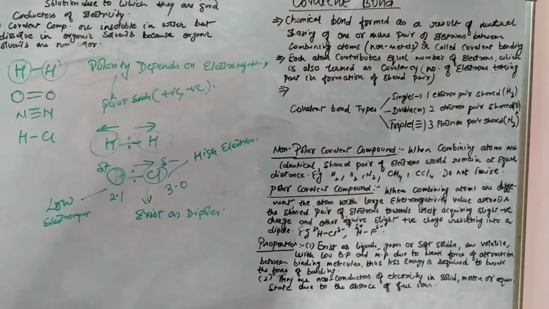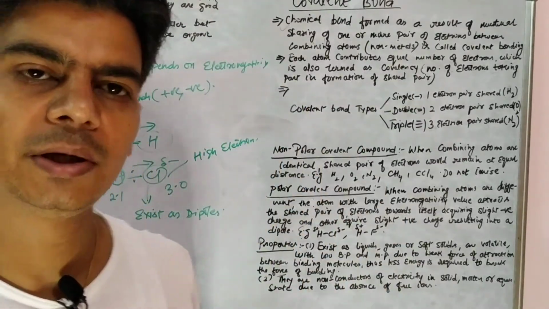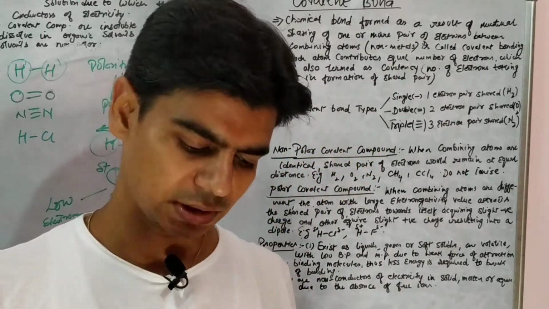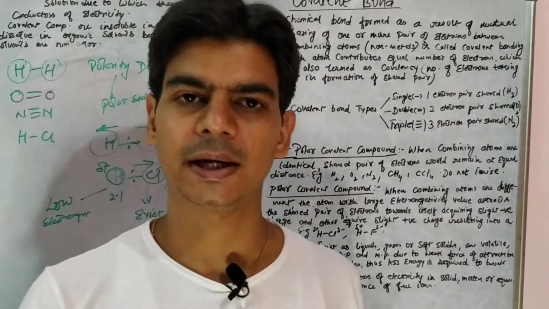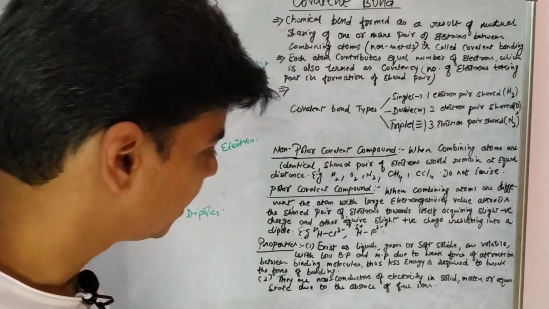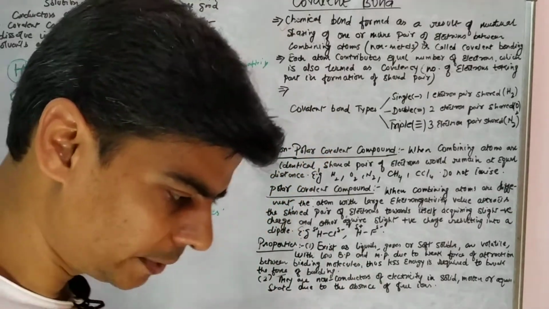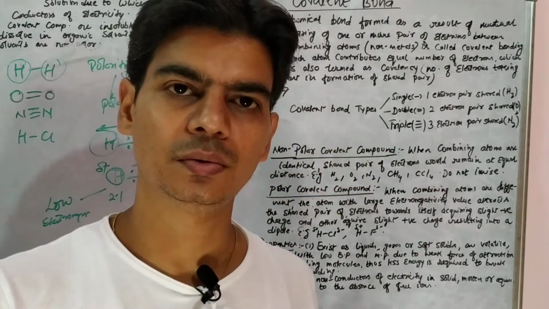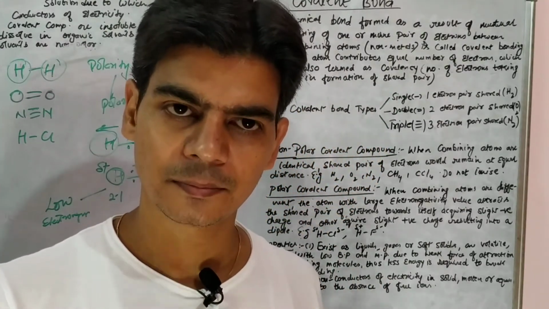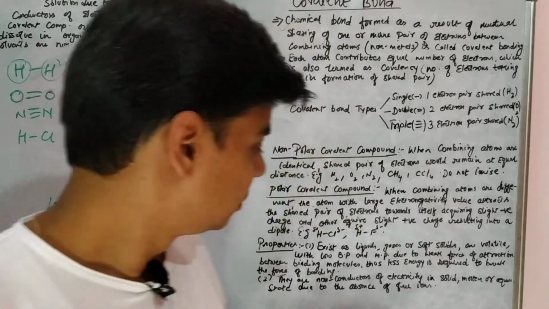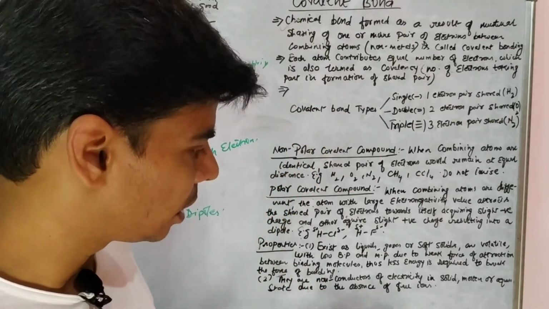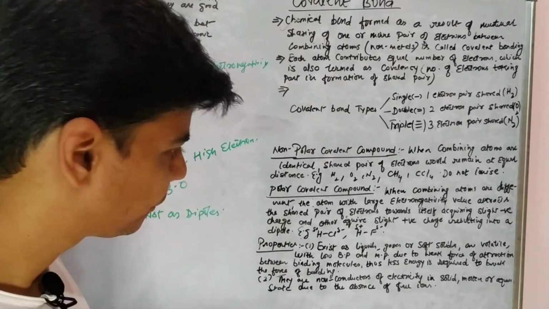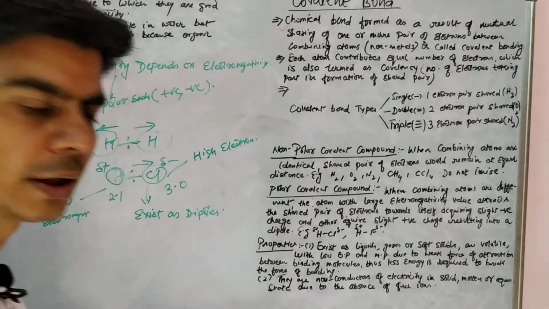Due to less force of attraction, covalent compounds exist as soft solids, liquids or gases, right? For the same reason, these covalent compounds possess low boiling points and low melting points, and are volatile.